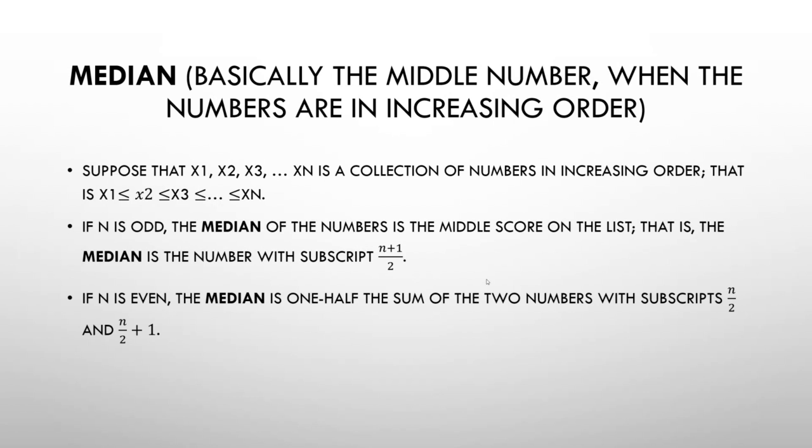Again, if there's 4 numbers, then we take 4 divided by 2, that's 2, and 4 divided by 2 plus 1. So we look at the second number and the third number, add them together, and divide by 2. Is that okay? We will definitely be looking at examples.